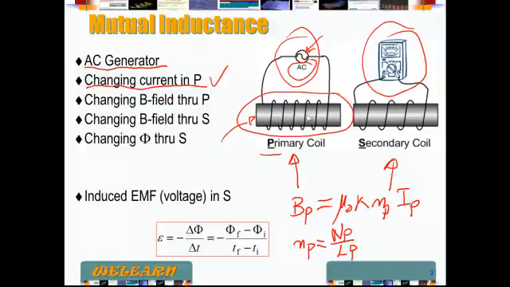So the magnetic field produced in the primary is proportional to the current in the primary. If this current is going to change, that means that the magnetic field produced by the primary is going to be changing as well.